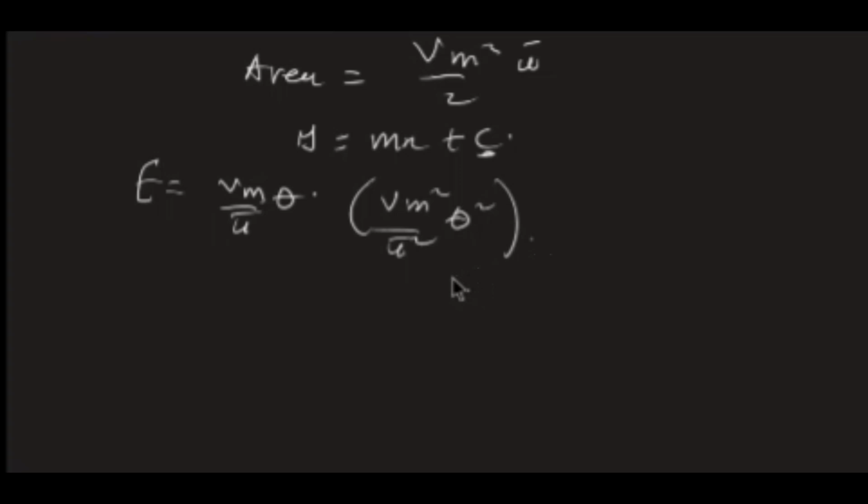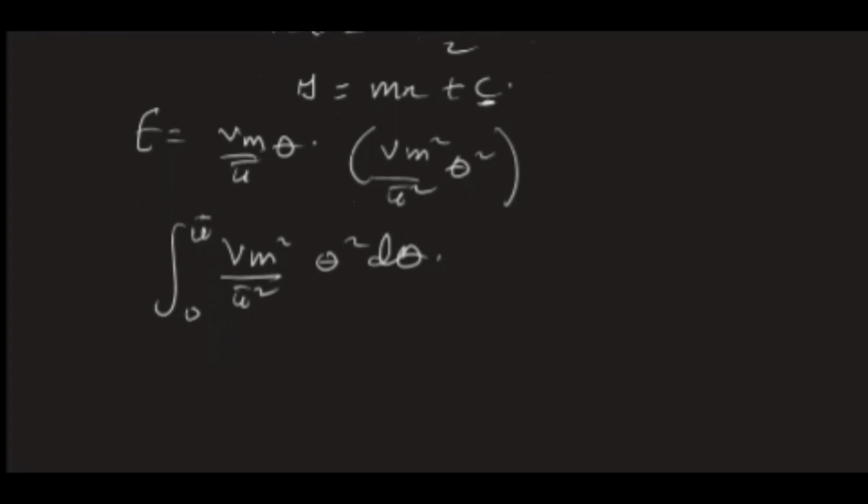This is what I'm having now, and I'm going to find the area under this: the area of Vm squared over pi squared theta squared d theta. The area starts from 0 to pi, or you can say pi to 2 pi, they will be the same.